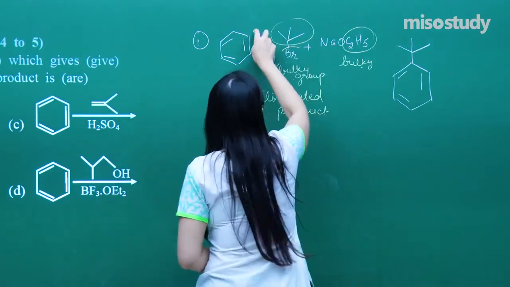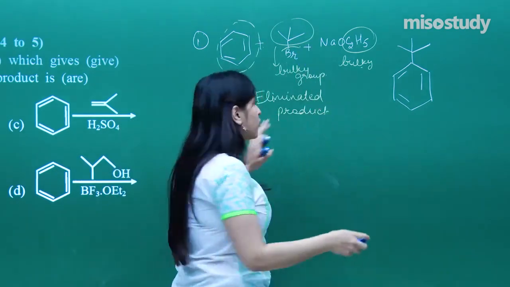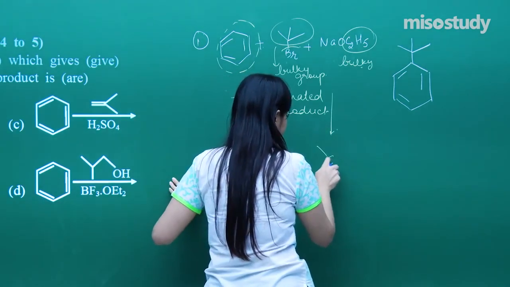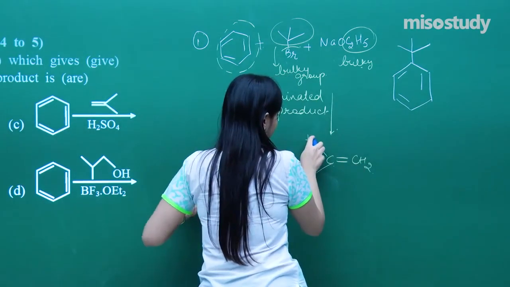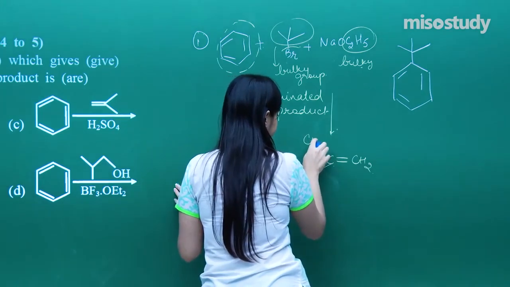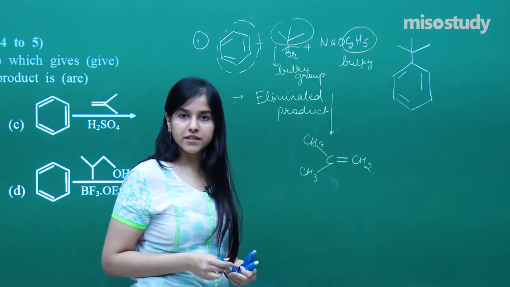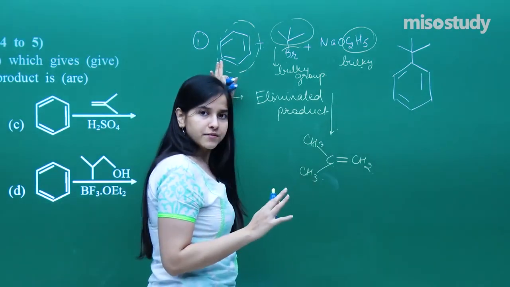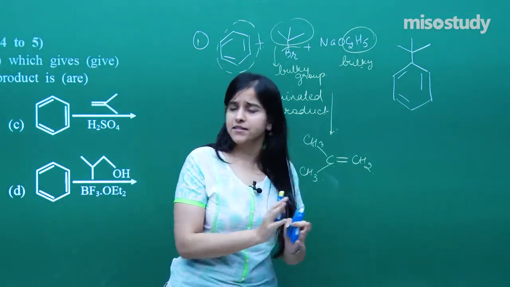That means here benzene has nothing to do with these reagents. We get our own product, isobutylene. So this compound is not going to react with benzene, or will react only to a little extent.